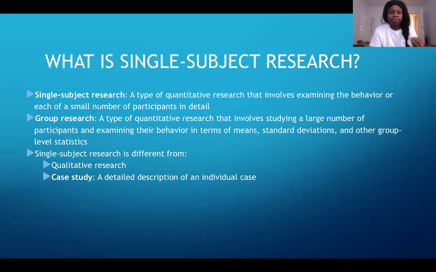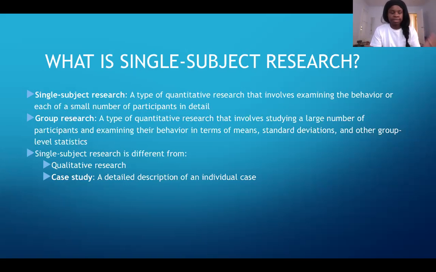Okay, so again, most of the book is about group research, which typically involves studying a large number of participants and combining their data to draw general conclusions about human behavior. This specific chapter, chapter 10 on single subject research, typically involves studying a small number of participants and focusing closely on each individual.